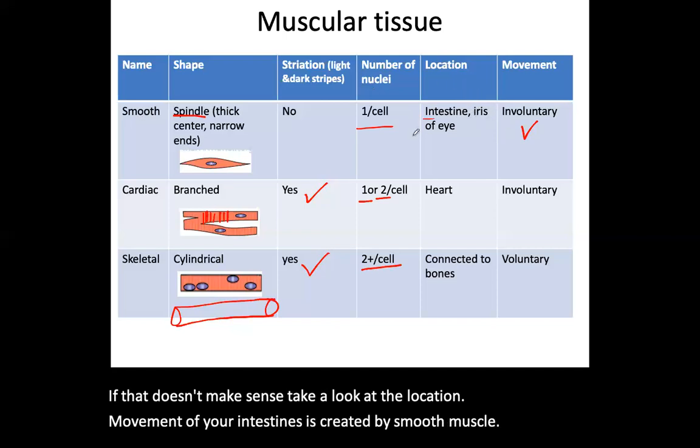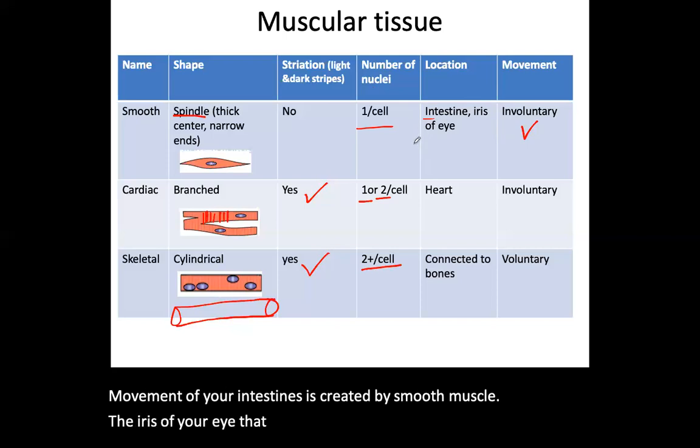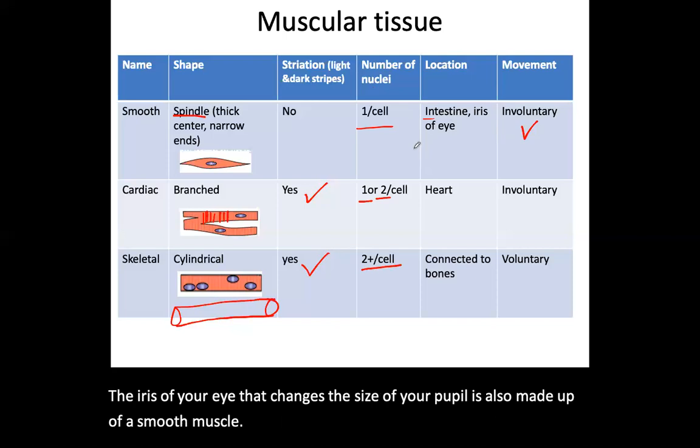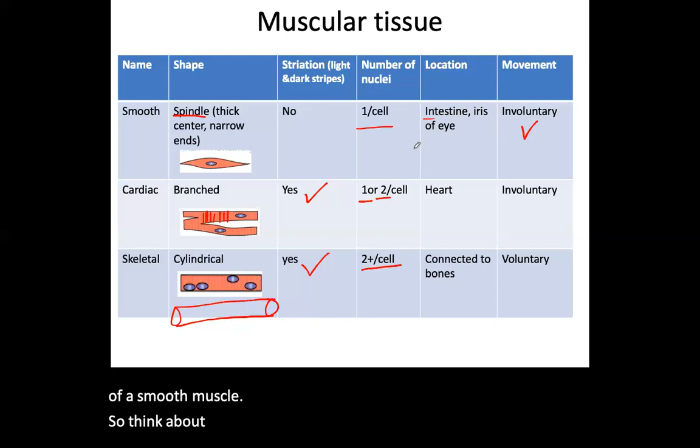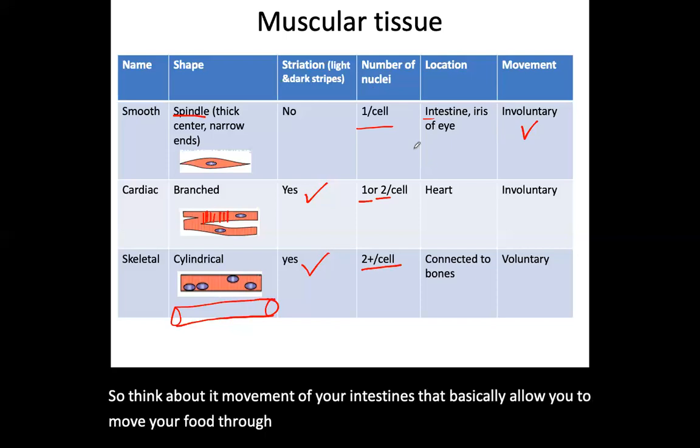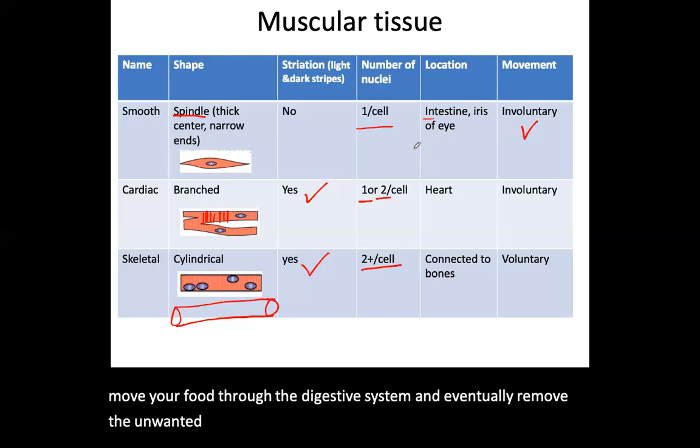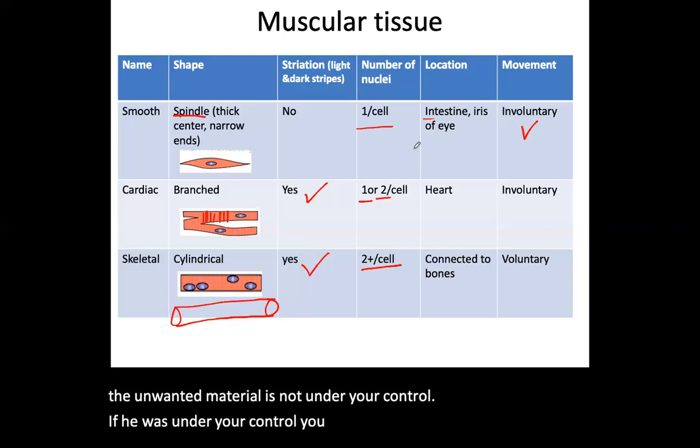The iris of your eye that changes the size of your pupil is also made up of smooth muscle. Think about it. Movement of your intestines that allows you to move food through the digestive system and eventually remove the unwanted material is not under your control. If it was under your control, you never would have diarrhea or constipation.